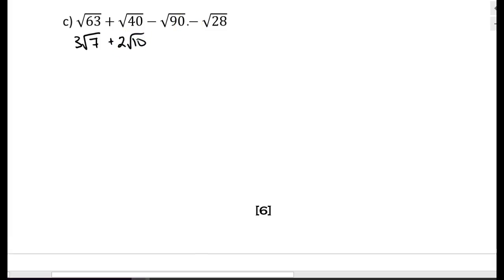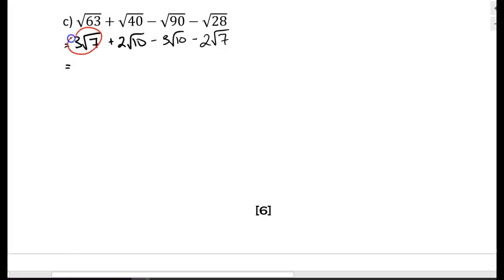I've got 9 can go into 90, so that gives me 3 root 10, and in terms of 28, we're looking at 7 times 4. And that simplifies to that.